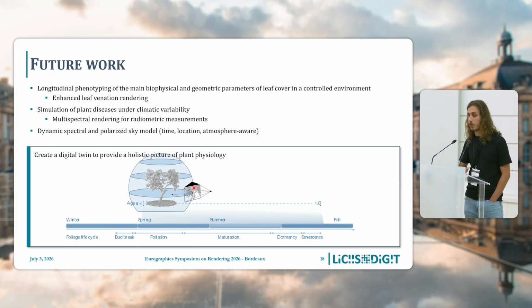In future work, we will work on the acquisition of a lot of data over 1 year, with regular acquisition, for example each day, in a controlled environment. The goal behind this is to have a digital twin of grass plants, with a lot of measured data about the same plants, because currently in our dataset, we use different plants over the years to get the data.